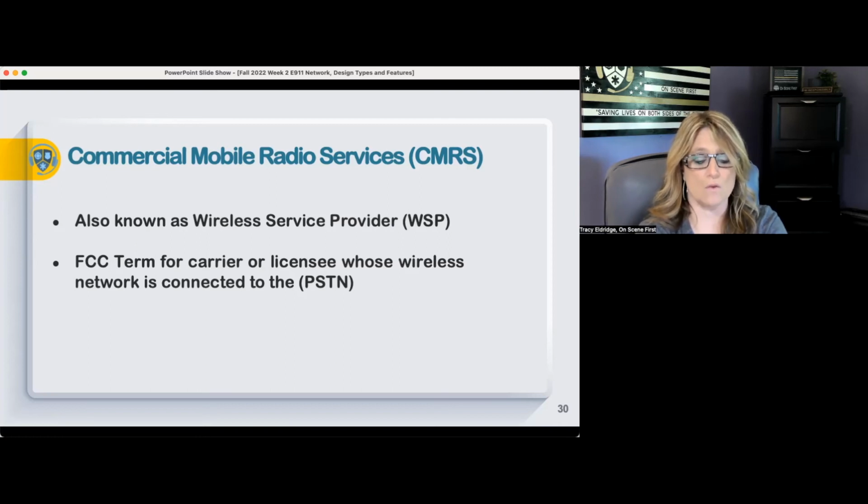So those service providers, whether it's a wireless device, a regular phone line, or VoIP, CMRS is the term that's used for that.